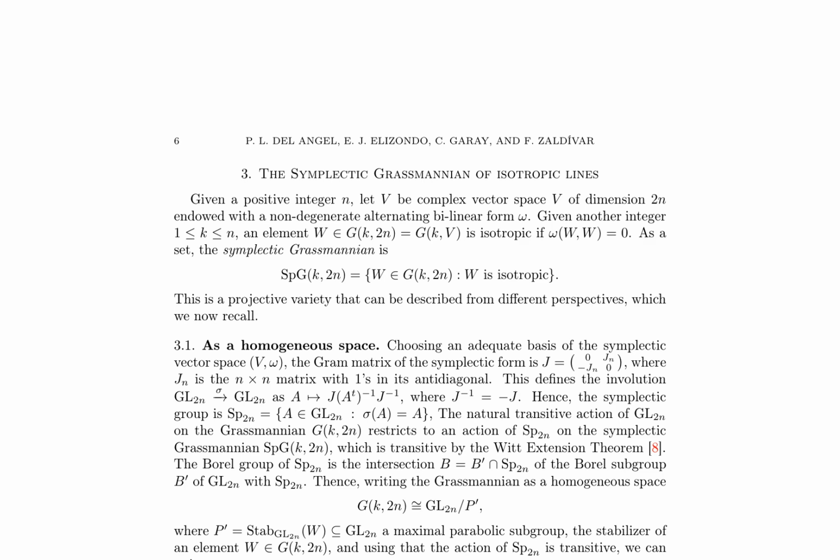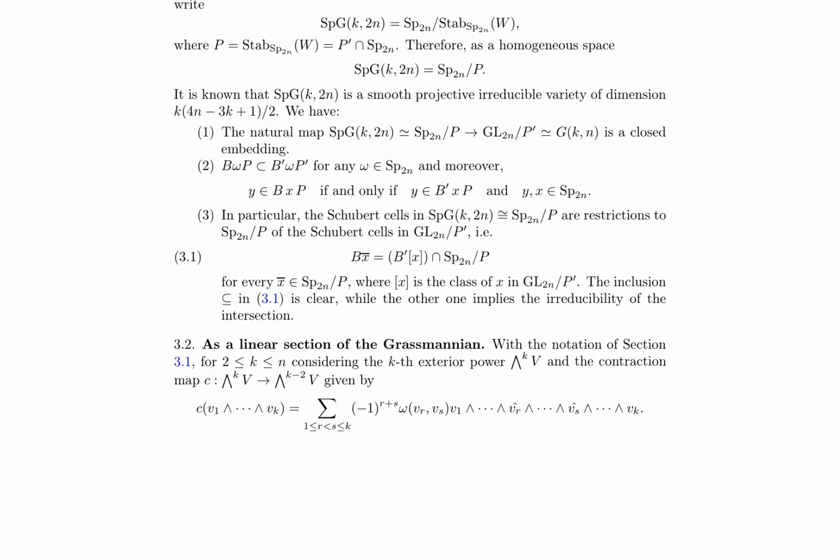This variety can be described as a homogeneous space SP2n/P, where P is the stabilizer of an element W of G(k, 2n) under the action of SP2n. The symplectic Grassmannian is also a linear section of the Grassmannian G(k, 2n). The natural map SPG(k, 2n) isomorphic to SP2n/P into GL2n/P, isomorphic to G(k, 2n), is a closed embedding. The Schubert cells in SPG(k, 2n) are restrictions to SP2n/P of the Schubert cells in GL2n/P.